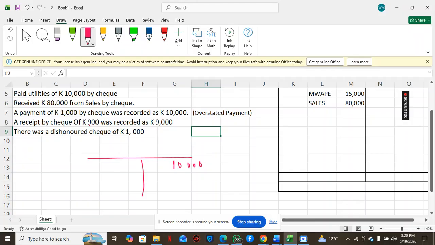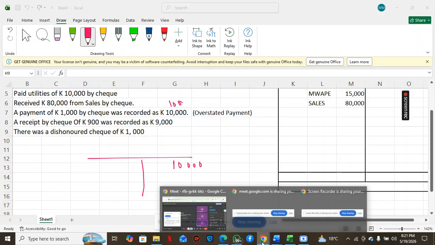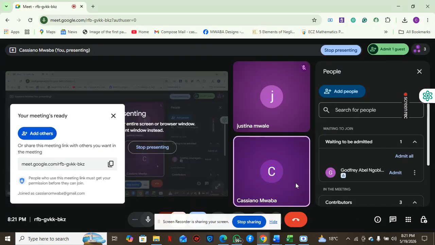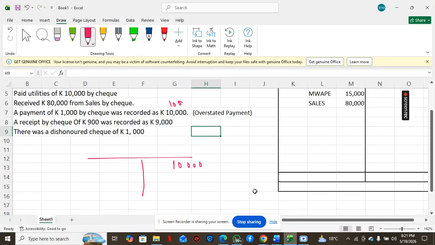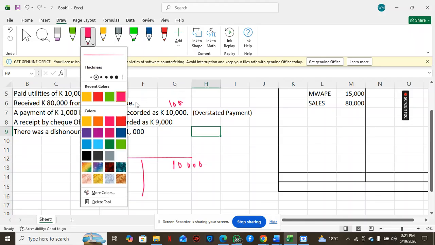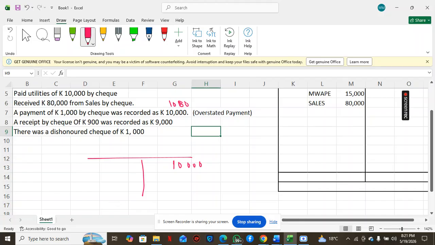To find out how much the check was overstated by, you say 10,000 minus 1,000.